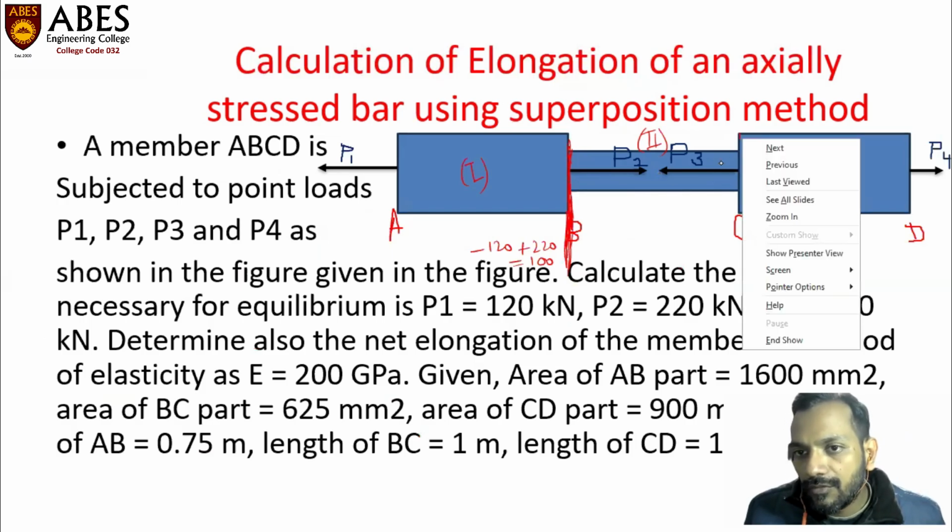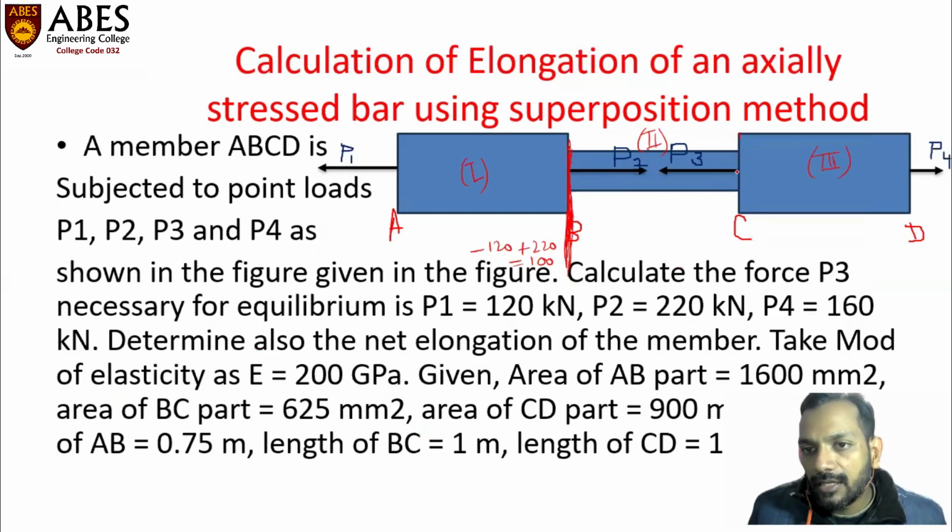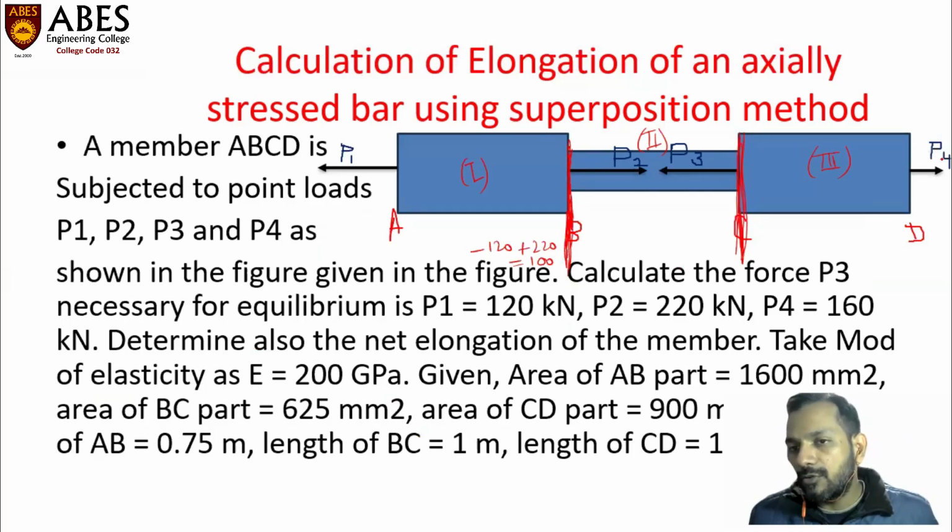On this junction, we will draw an imaginary line passing exactly at this location on the junction C. And we will add up these two forces, P3 and P4, as per their signs. Okay. All the forces which are acting to the right hand side of this line will be considered, including this force P3 also, because it is acting on the same line. So we need to consider only these two forces, P3 and P4.